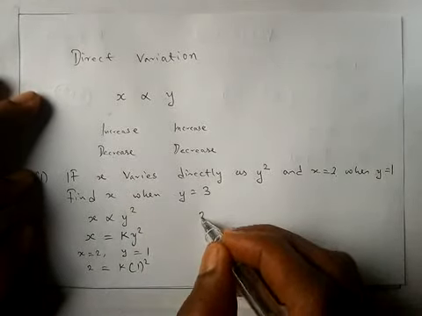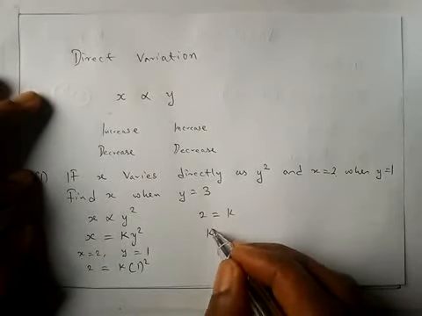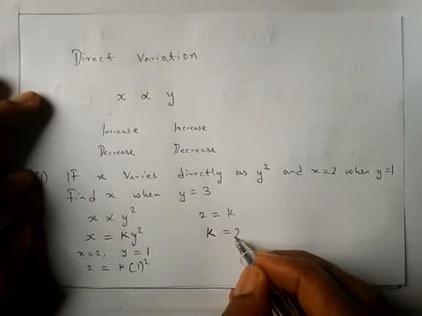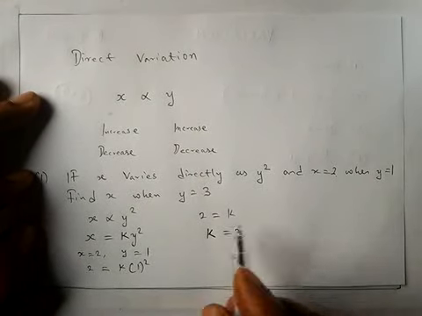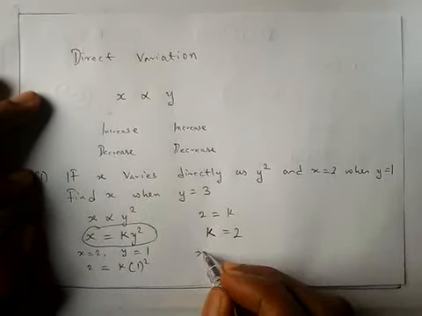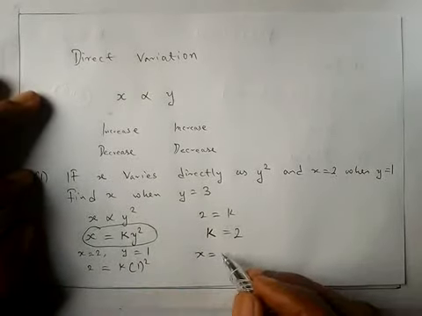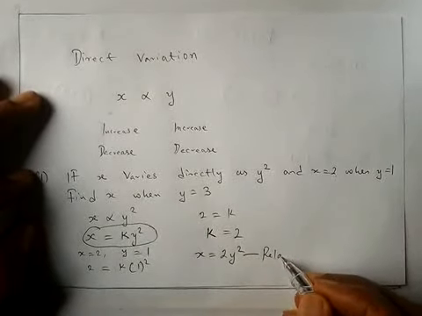And 1 squared is 1, times k gives you k, meaning that our constant of proportionality k is 2. Now if we substitute it, we'll have s equal to 2y squared. This is called the relationship.